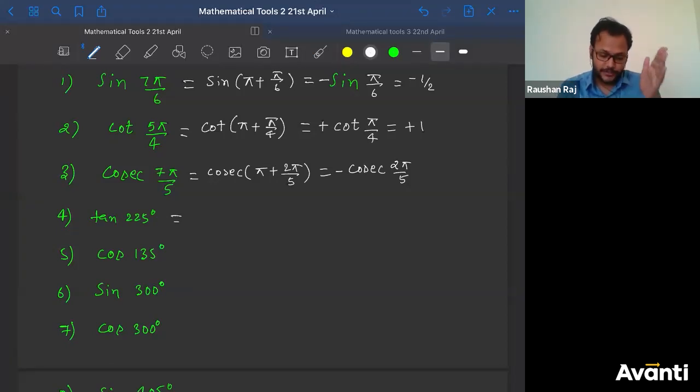So you can also convert the angles in terms of n into 180. That means in terms of 180 plus minus theta, 360 plus minus theta, 540 plus minus theta, right? So n pi means any integral multiple of 180 degrees or pi radian, plus minus theta.